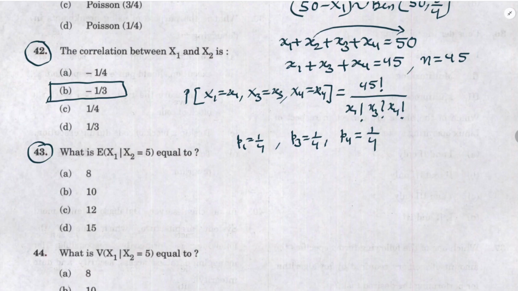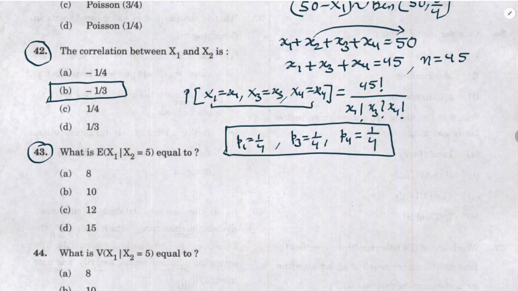Now if we want to calculate the new probabilities corresponding to x1, the old probabilities are from the previous multinomial distribution when we had 4 variables. Now we have only 3 variables. So in the new case, we call these the new probabilities, and these are the old probabilities.